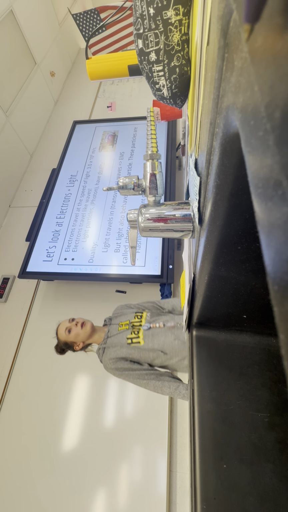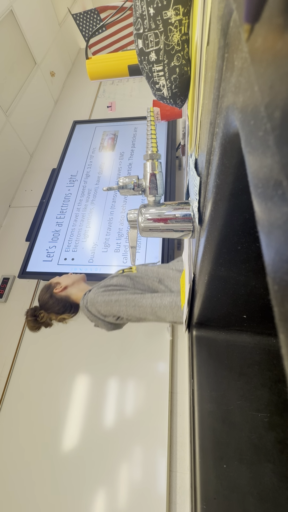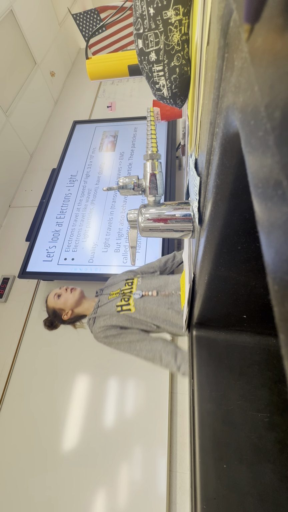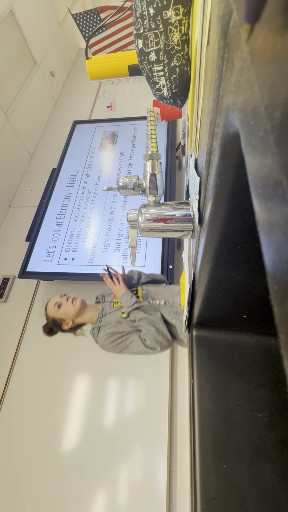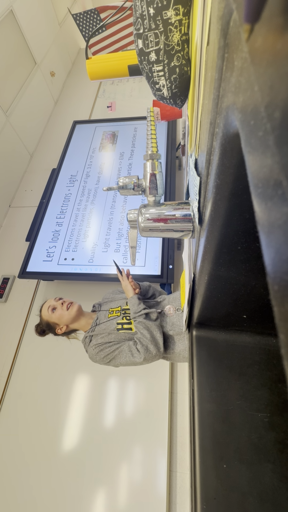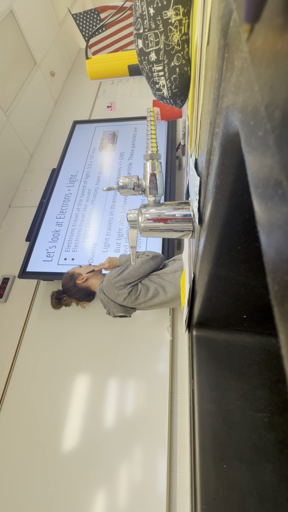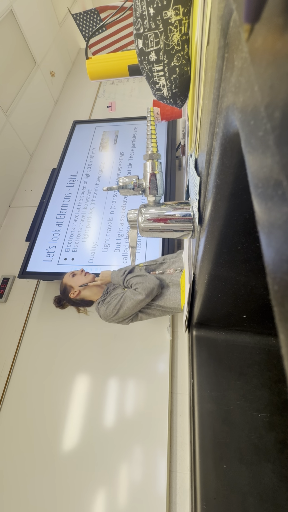Okay, now we're on to some new stuff. We talked about electrons and light separately, but now we're going to start putting them together. So electrons, they travel at the speed of light, 3 times 10 to the 8th meters per second, which sounds very similar to something else we've been talking about, I think.